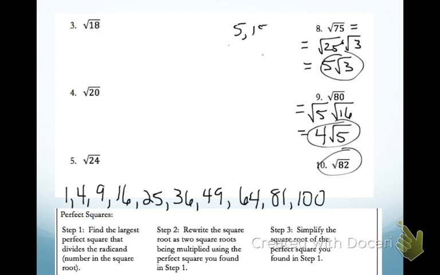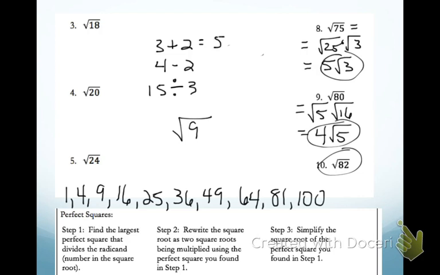One other thing that I want to say is that a radical, and in particular the square root that we're working with, it's an operator in math. It tells us to do something. Just like this addition sign is an operator, this subtraction sign is an operator, and this division sign is an operator. So notice, if we go ahead and do these operations, so 3 plus 2, of course that's 5.